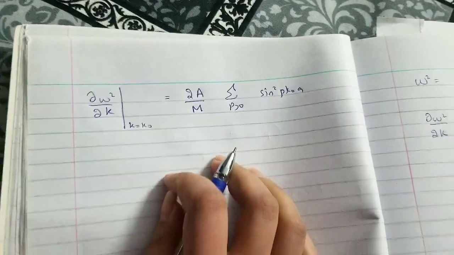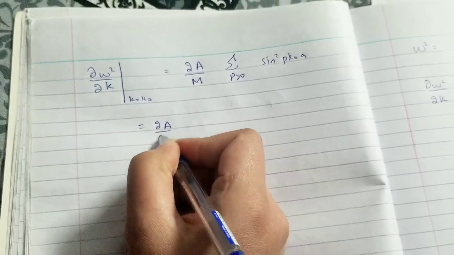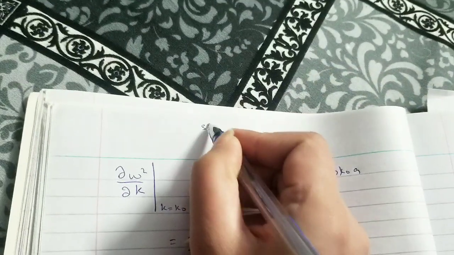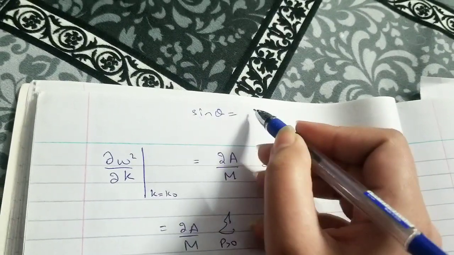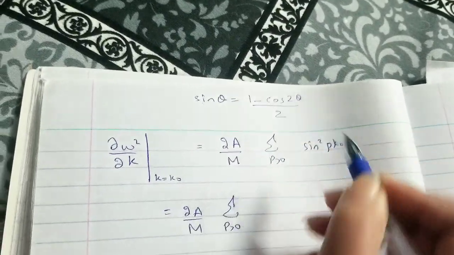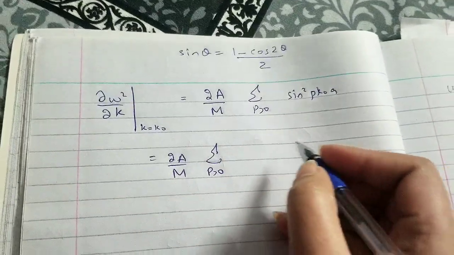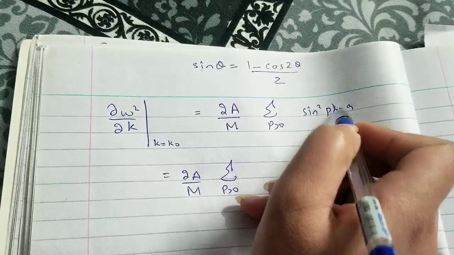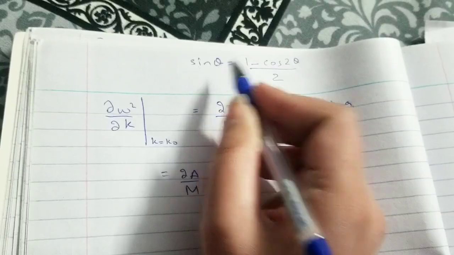Now to simplify it and get it to a form that will give us some information, we will put that identity here, that if we have sine square theta then we can write it as 1 minus cos 2 theta by 2. This is a double angle identity and we'll use it. So theta is p k naught a, so we'll replace p k naught a with theta here.